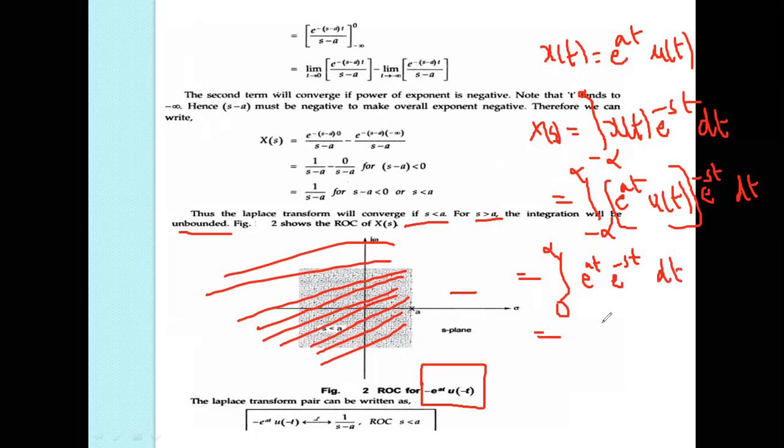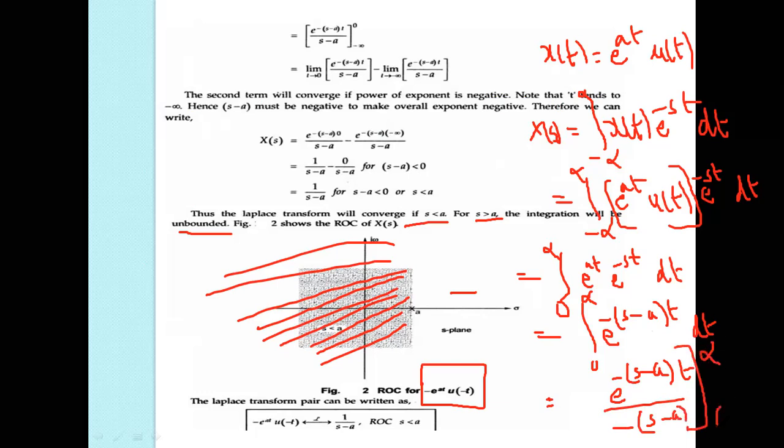Got it? Now the bases are the same, so you can add the powers: e power minus s minus a into t, integral from 0 to infinity with respect to t. We apply the integral for the exponential: e power minus (s minus a) t divided by minus (s minus a).